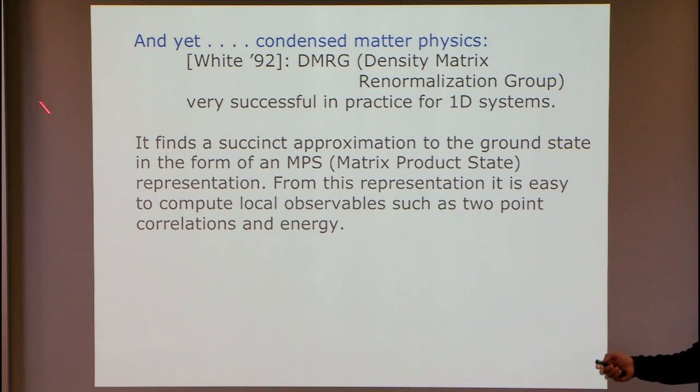So there's this succinct, polynomial-sized description of the quantum state from which you can compute local observables, energy, correlations, etc. Now, how can we understand the success of this algorithm, and how do we try to understand what kinds of Hamiltonians we should be able to solve?